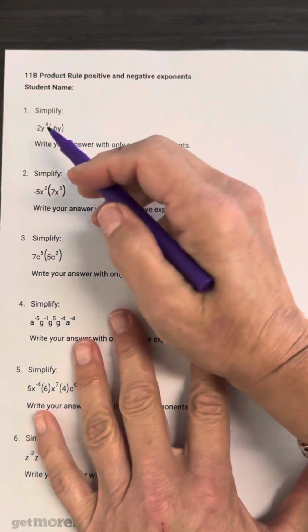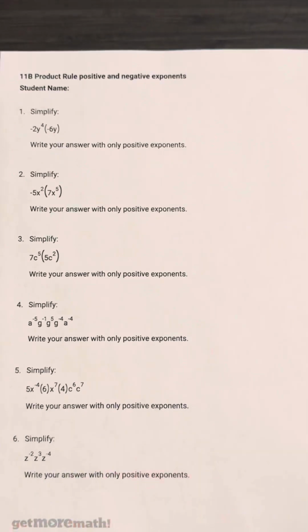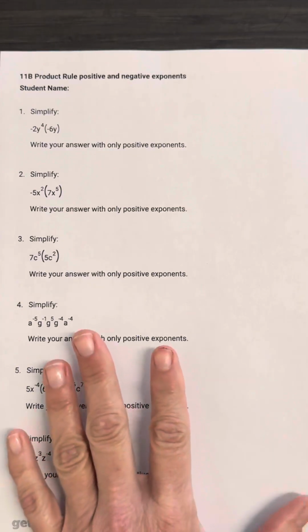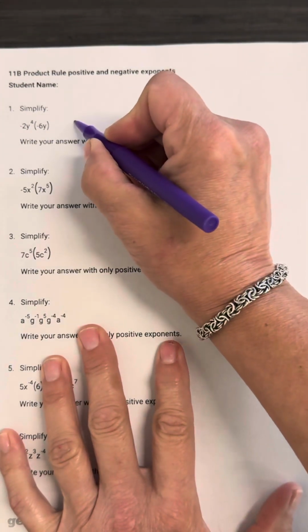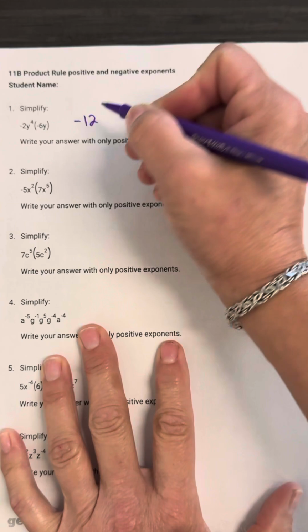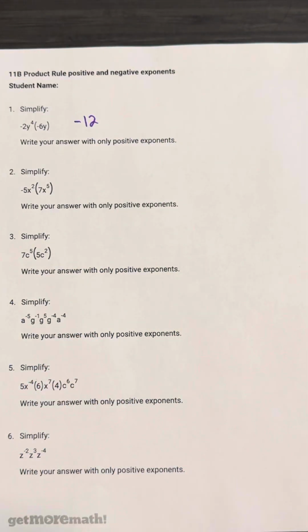So you have -2 and -6. So what is -2 times -6? -12. And one of the things my students were doing yesterday is that since they got a -12, they were trying to put that on the bottom. So if a number is negative, it doesn't go to the bottom.